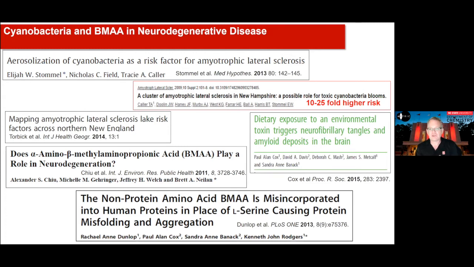All of these methods use that ELISA test, and we have now documented within our own lab that this gives extraordinarily high levels of BMAA even when it's not in the sample. So there are a lot of false positives out there. These series of papers, and these are just a handful of them, there's a lot more, really suggest that BMAA could be a player because of these cyanobacteria that grow in fresh bodies of water.